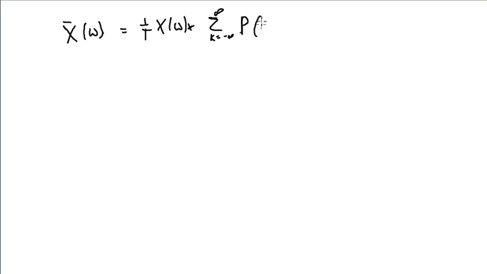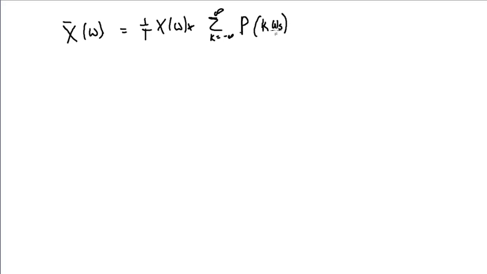I can simplify this a bit and write it as X-bar(omega) equal to 1 over T, X(omega) convolved with the sum from k equals minus infinity to infinity. When I multiply my P(omega) times the shifted impulses, I just end up evaluating P(omega) at the impulse location.